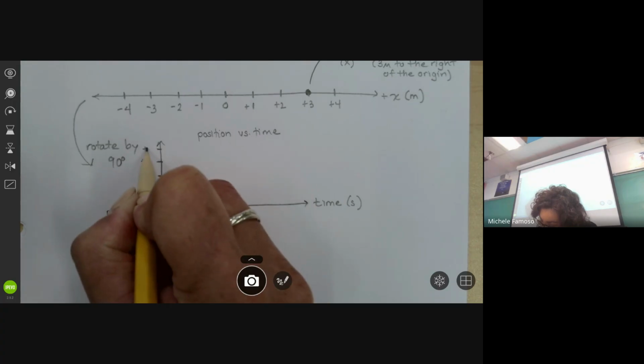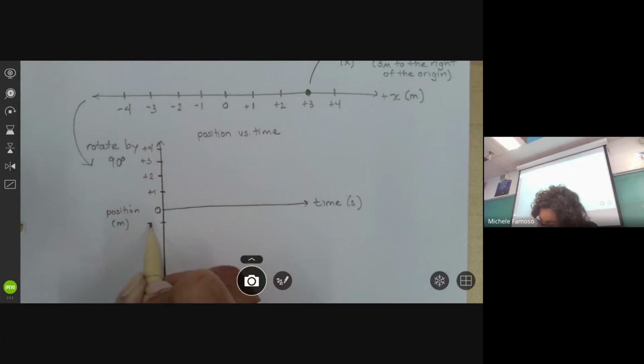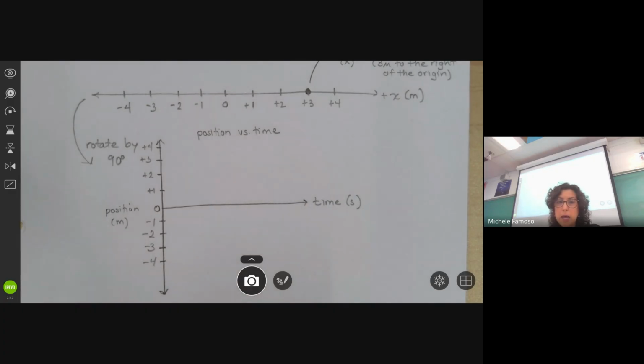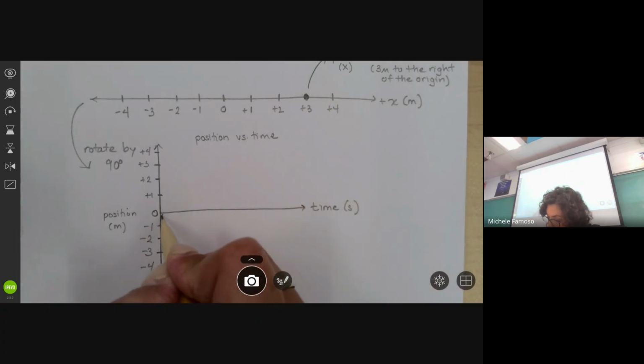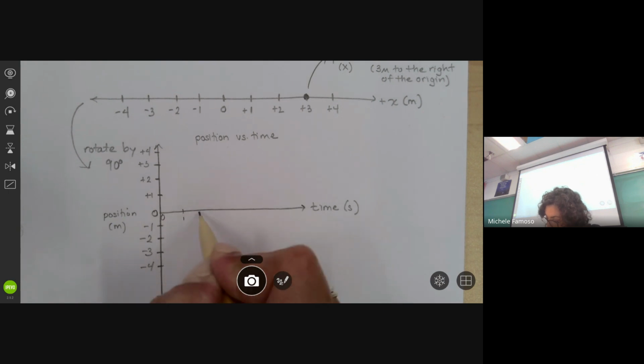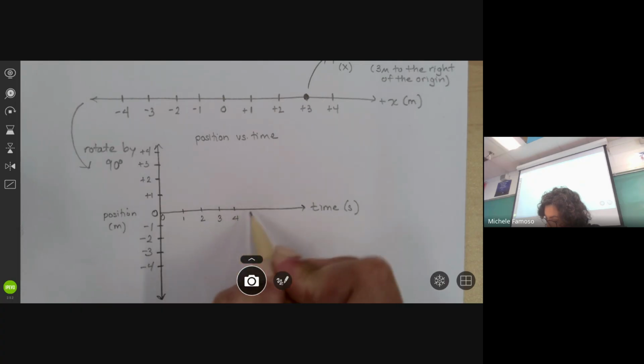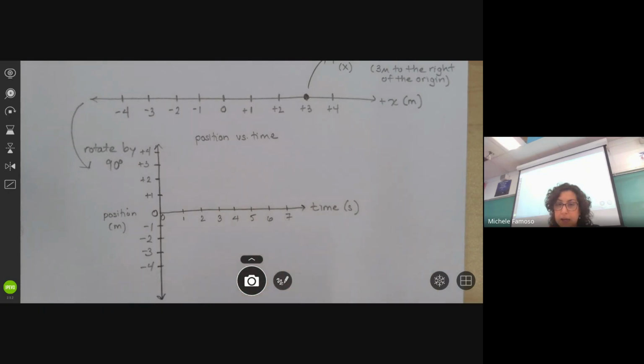I've rotated it. I'm flipping it 90 degrees, which means here's +1, +2, +3, +4, -1, -2, -3, -4. This position that I just marked, +3 meters at time 0. Well, let me put my times on here. 1, 2, 3, 4, 5, 6, maybe up to 7 seconds.